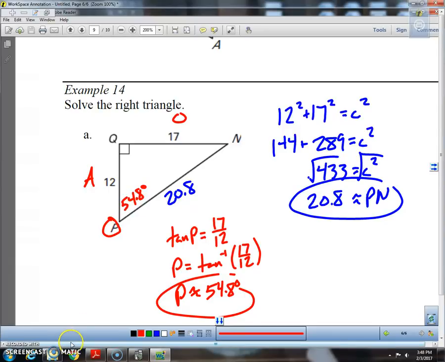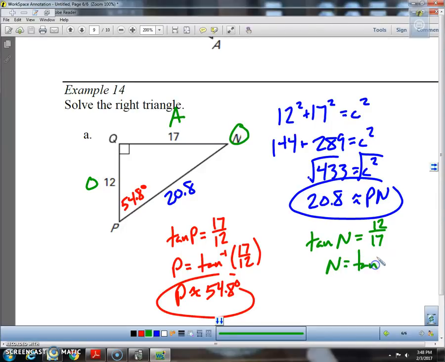Okay, so I've got that. Now I'm going to find angle N, which means I have to rename my sides. Now this is the opposite, that's the adjacent. The tangent of angle N is 12 over 17.